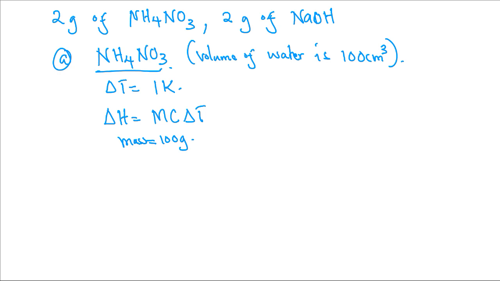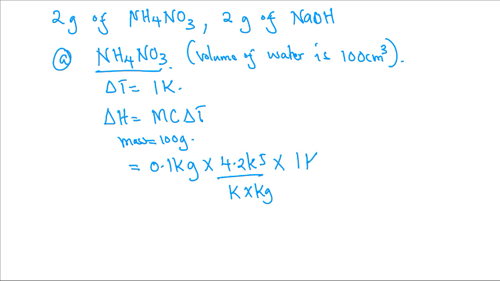Now, delta H is equal to 0.1 kilogram times 4.2 kilojoule per Kelvin per kilogram times 1, meaning 1 is the change in temperature.